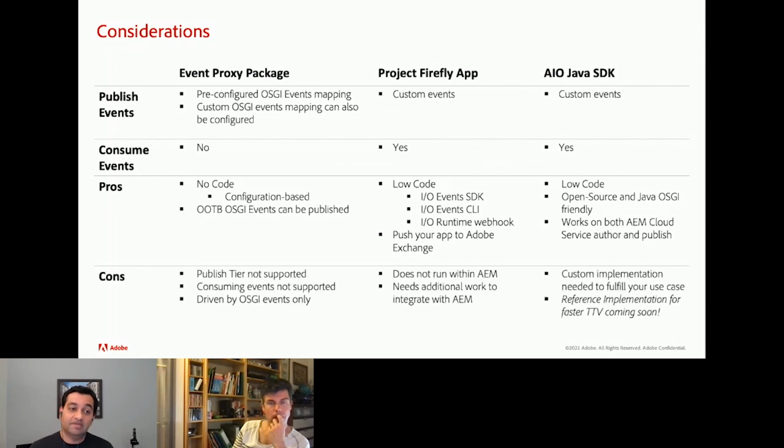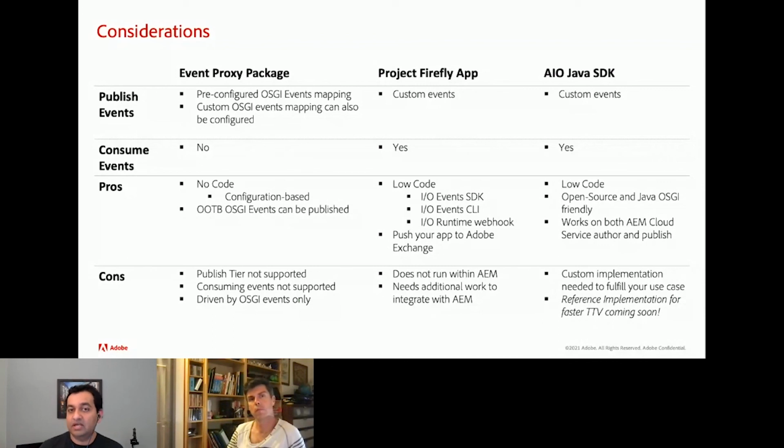Some of the cons: for the event proxy package, the publish tier in AEM is not supported. It does not consume events, and it's driven mostly by OSGI events, so not custom events really. The Project Firefly app does not run within AEM, so it's a separate application. So you need to write something that will connect AEM to Firefly and then either push an event or consume an event from Firefly in AEM.